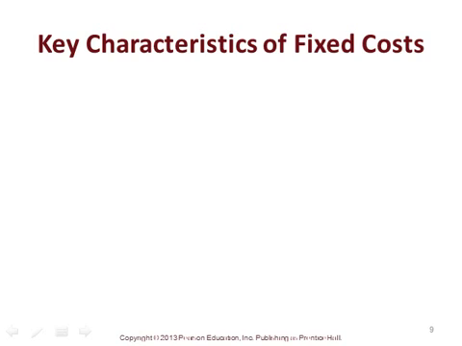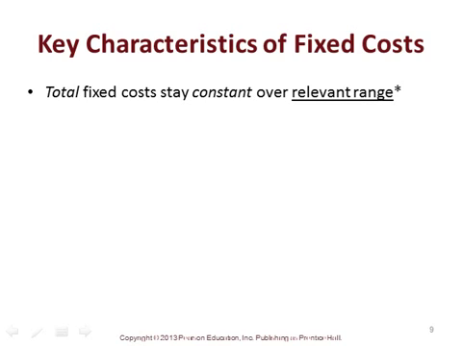So now let's talk about a few examples of fixed cost, or some characteristics of fixed cost. Fixed costs remain constant over a relevant range. And this idea of relevant range is important because, for example, I lease a factory that will manufacture up to 1 million units of production.